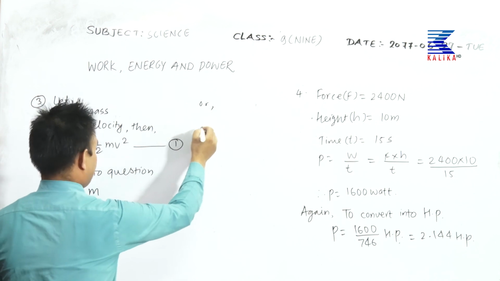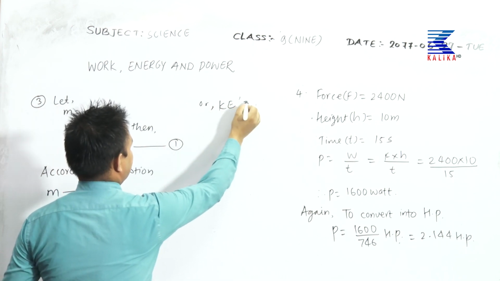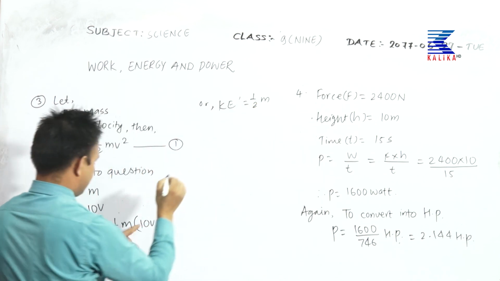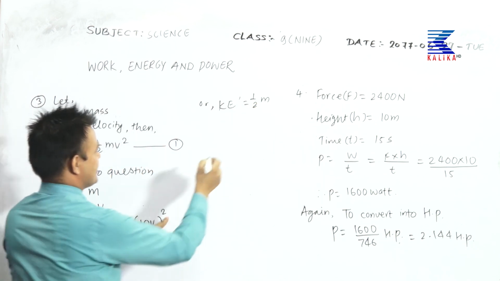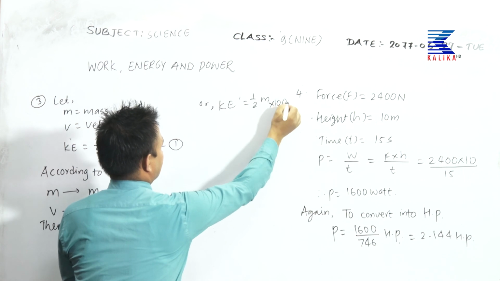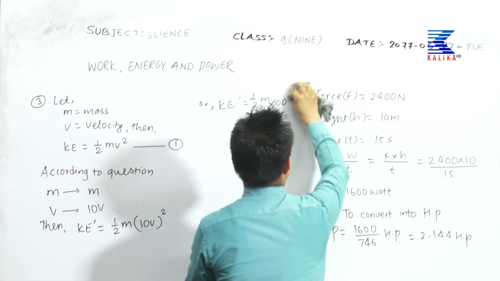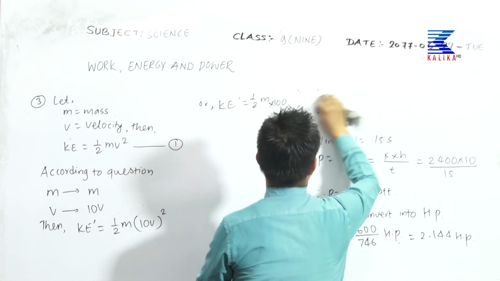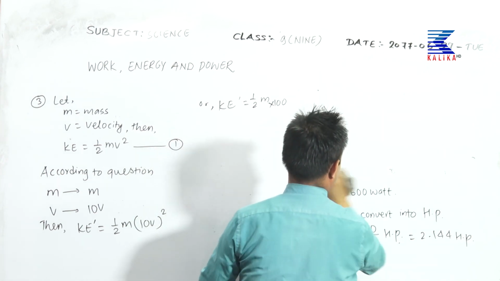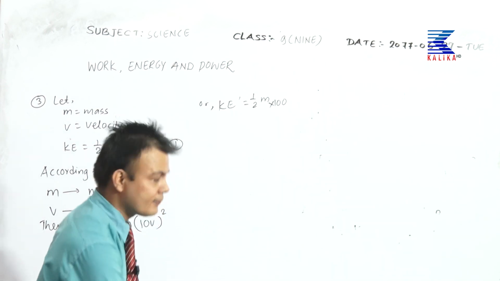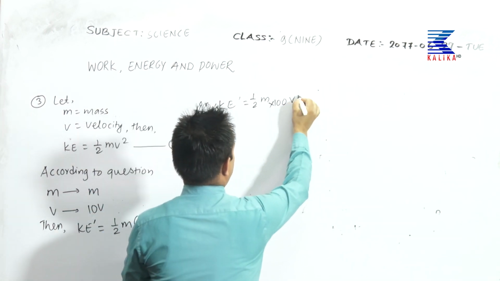Or KE dash equals 1 by 2 m, 10 whole square means 100 v square.